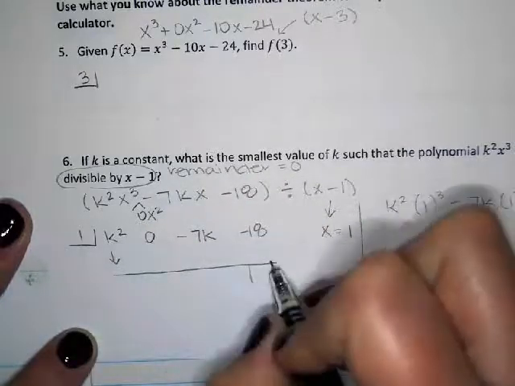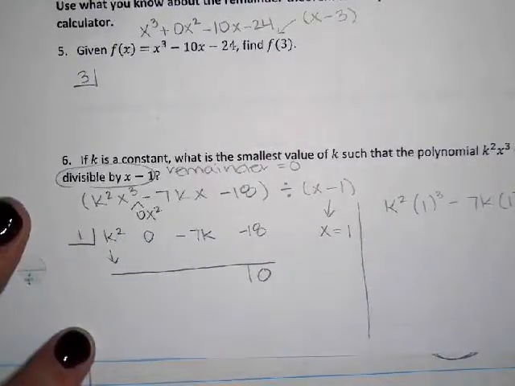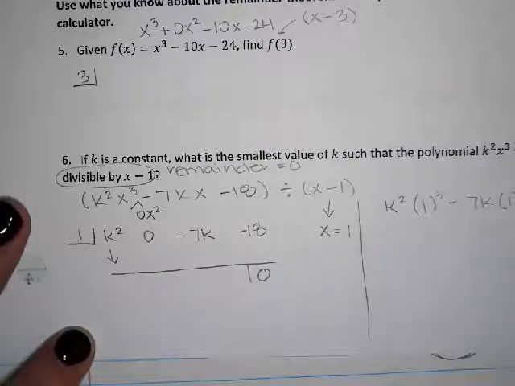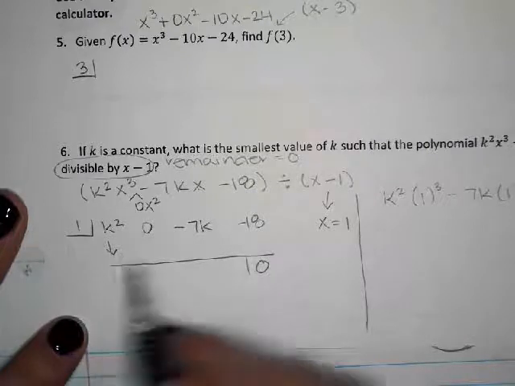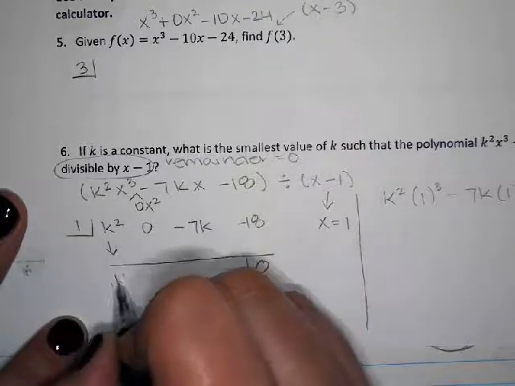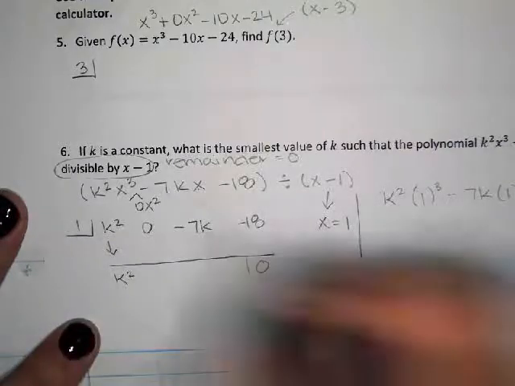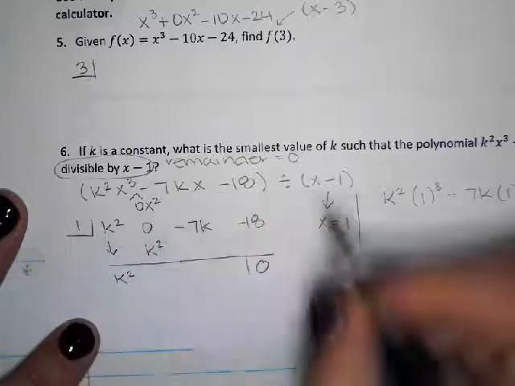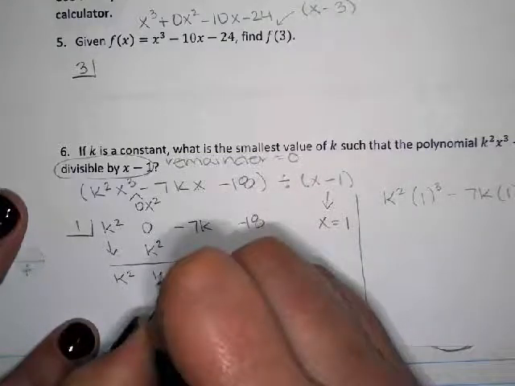So now I'm going to go through this problem. Drop the k squared down. K squared multiplied by 1 is k squared. 0 plus k squared is k squared. K squared times 1 is k squared. Negative 7k plus k squared, it's negative 6k to the second. Do you guys feel like this is the easiest way to do the problem?